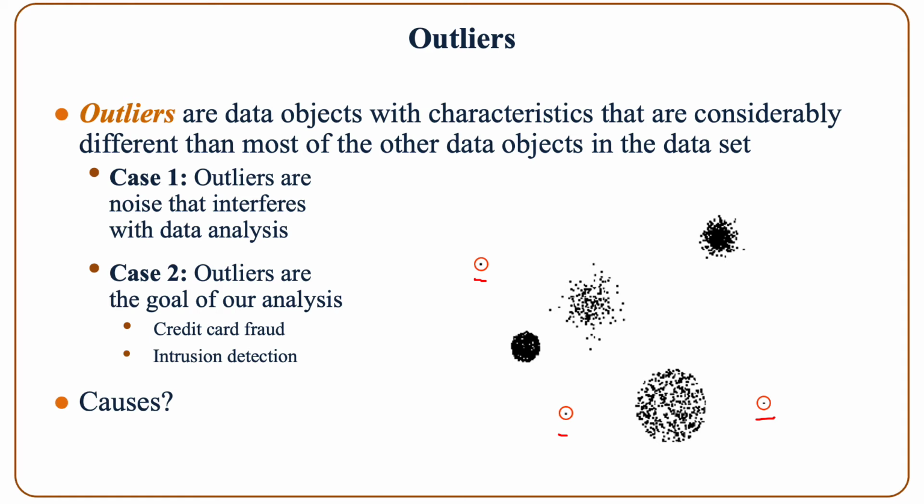There may be 2 different cases. The first case is that outliers are noise that interferes with the data analysis. And the second case is that the outliers are the goal of the analysis. For example, with applications such as credit card fraud or intrusion detection.